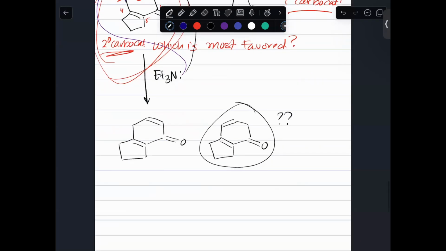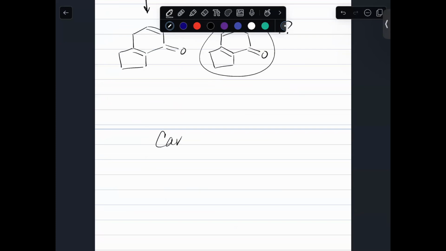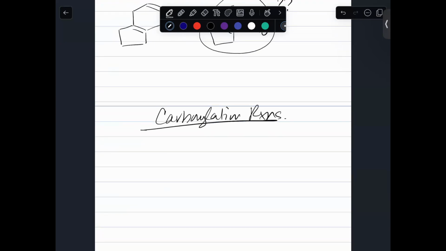So despite carbonylation reactions allowing the expansion of a chain or a ring by 1 carbon, there are drawbacks to it, right? If you're using carbon monoxide, it's poisonous. It's a hazardous gas, right? Typically, when you use carbon monoxide gas for carbonylation reactions, you typically need to run the reaction at high temperatures and high pressures.